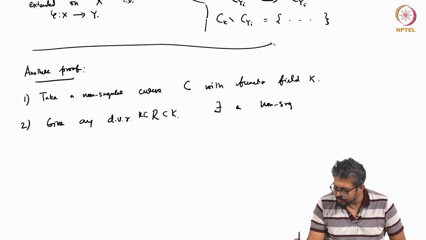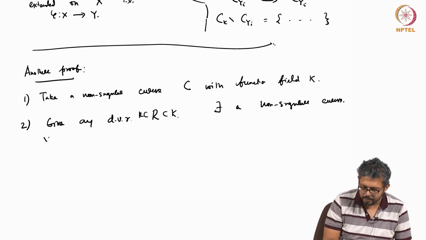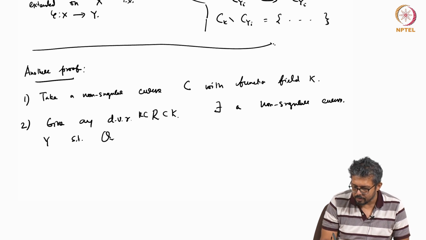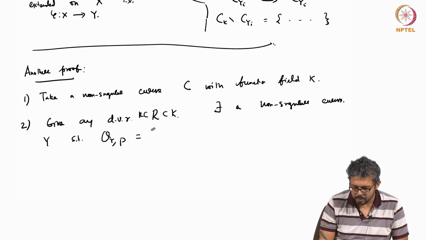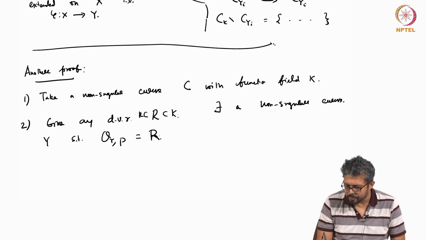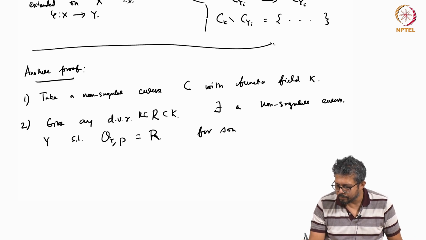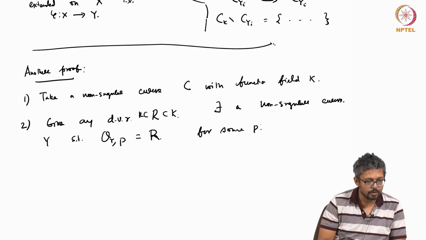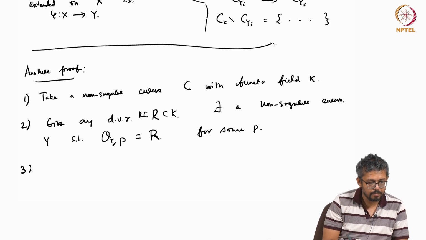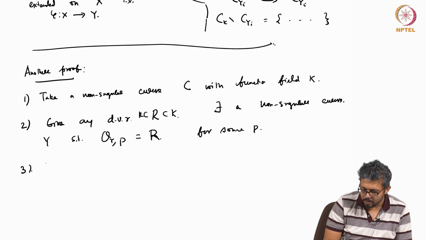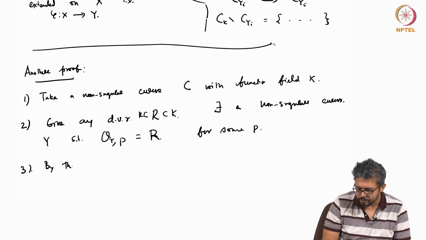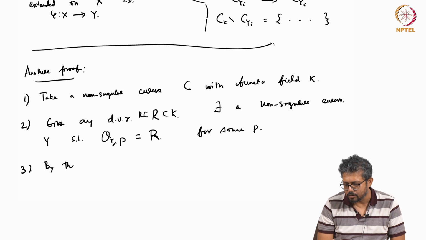Y such that O_{Y,P} is R for some P. Now, by repeating this process, because this is an abstract non-singular curve, you take all the local rings, so the complement will be finite.